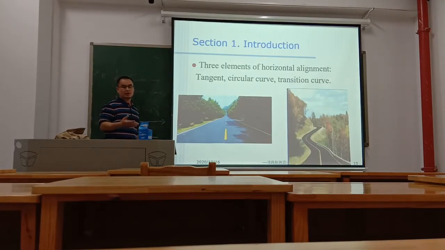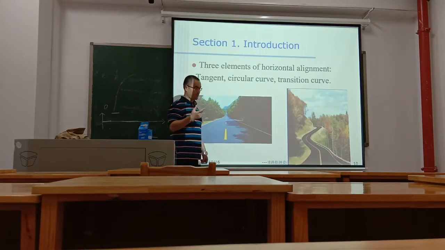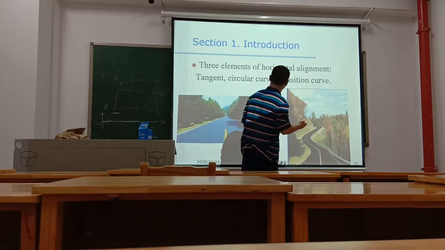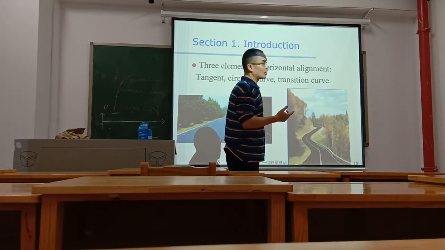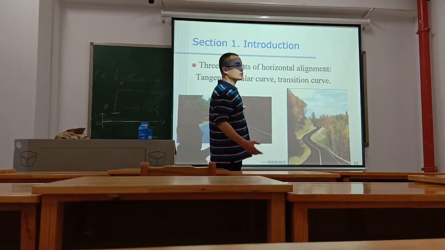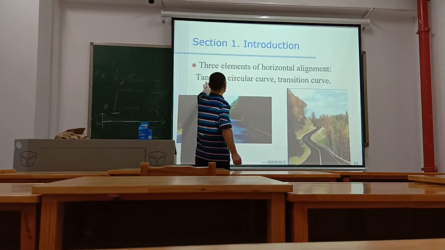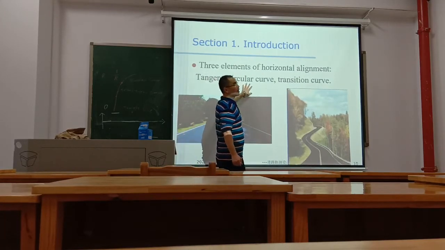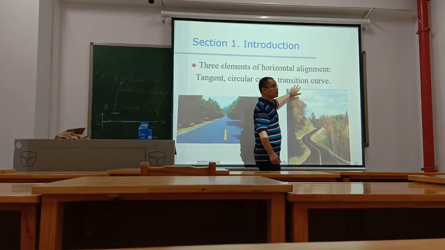So, there are three elements of the horizontal alignment. One is the tangent, or straight line. Circular curve and transition curve.